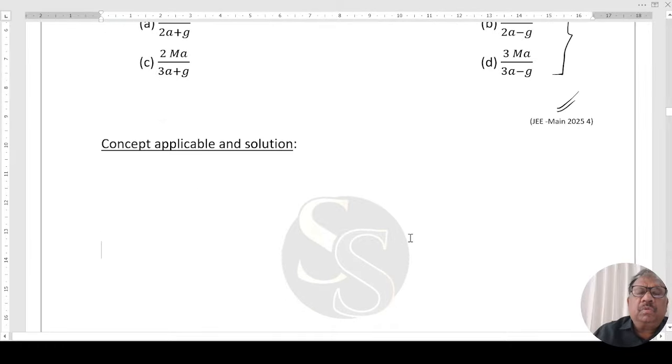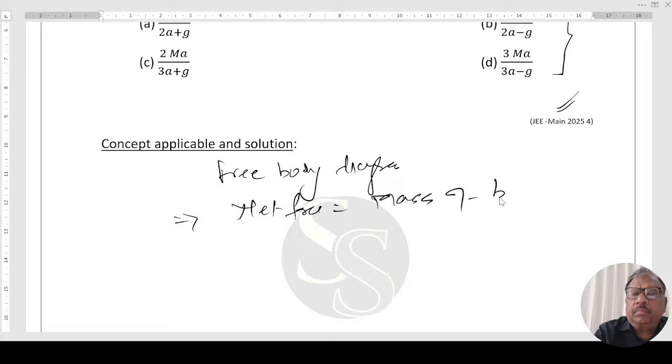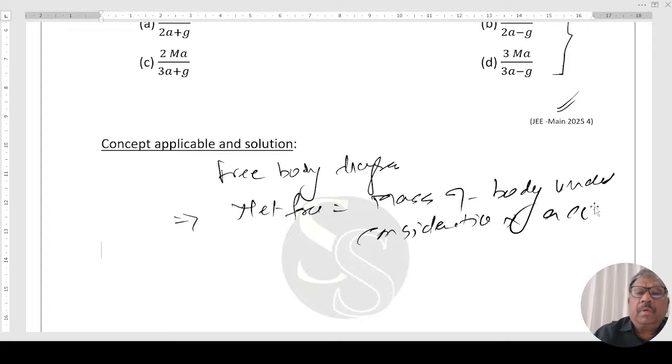Concept applicable solution. Free body diagram. In free body diagram, net force equal to mass of body under consideration into acceleration of that body, right?